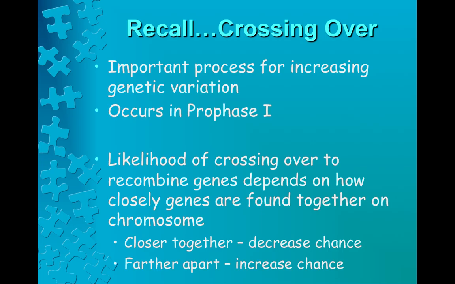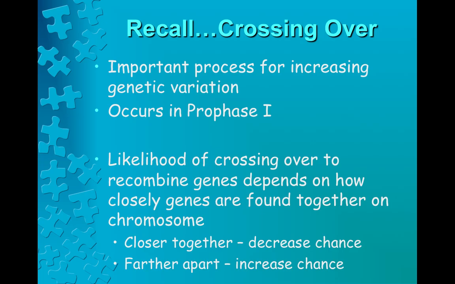So when we talked about meiosis, we talked about the fact that those tetrads come together, right? My homologous chromosomes link up, and I'm able to cross over genetic material so that I get new combinations of traits that I can then pass on to my offspring. So we talked about its importance in terms of genetic variation for evolution.